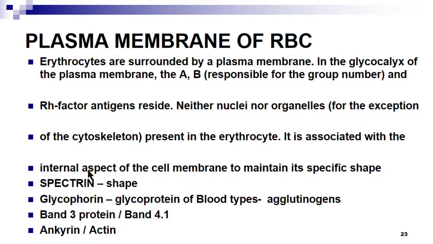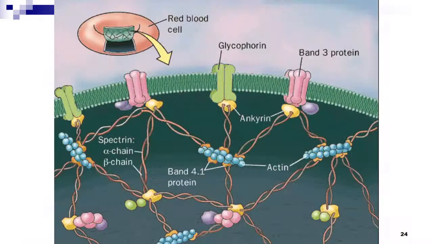Another type is special proteins, named band 3 proteins, band 4.1, and ankyrin, actin. Look now at this specific shape of the cells. Red blood cells are supported by a special protein named spectrin.